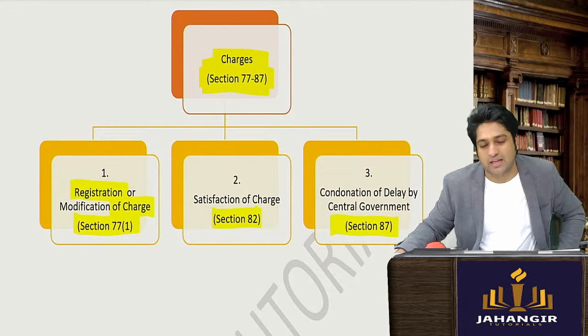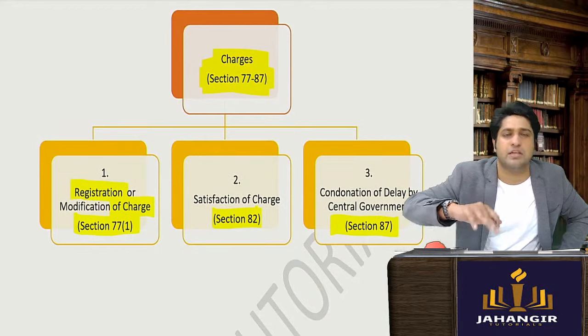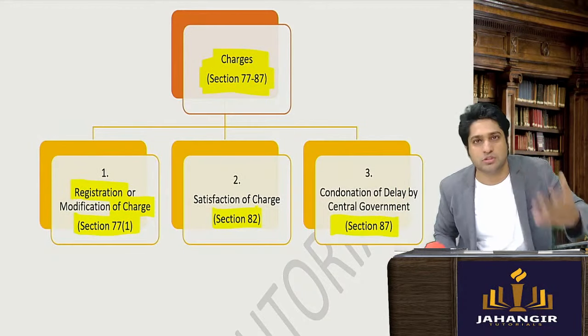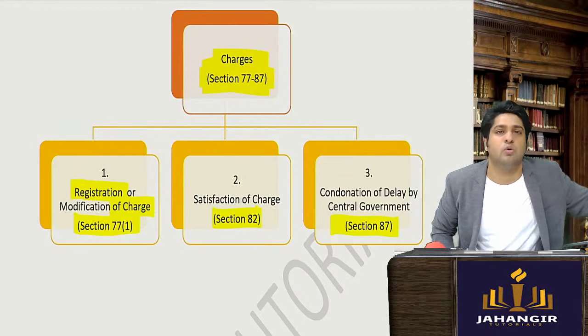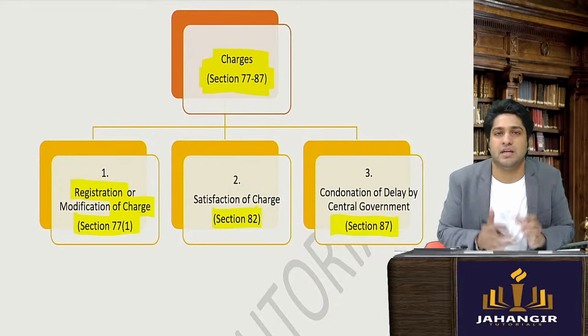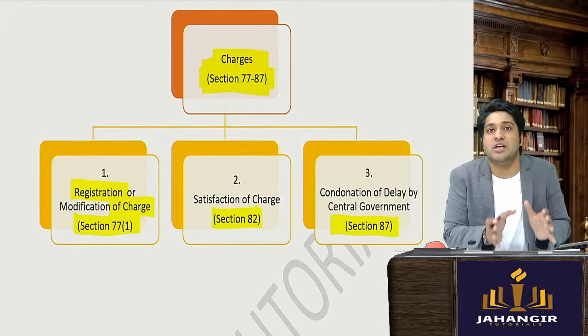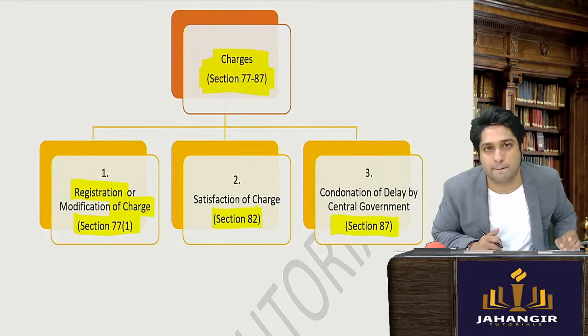Now the moment I create the charge, tell me one thing: are these loans for a smaller time period or a long time period? These are 10-year loans, 20-year loans, 35-year loans. During that time it is possible that there are some changes in the original terms and conditions, yes or no?